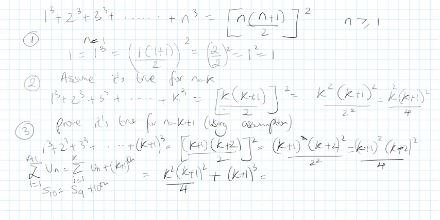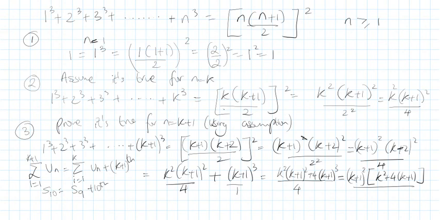And here I'm going to use the LCM. If I use the LCM, I get k squared, k plus 1 squared, plus 4 times k plus 1 cubed. Then you can see that you have k plus 1 squared common, so I can factorize it out. If I do that, I get k squared plus 4 times k plus 1 left inside, over 4.